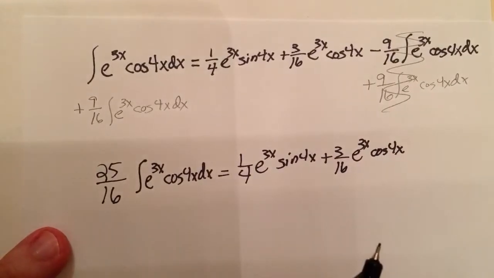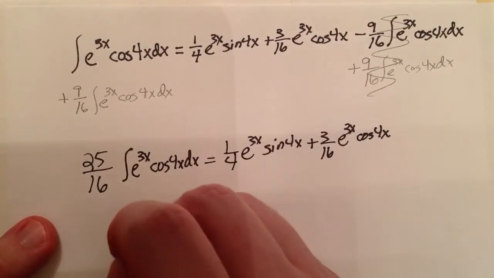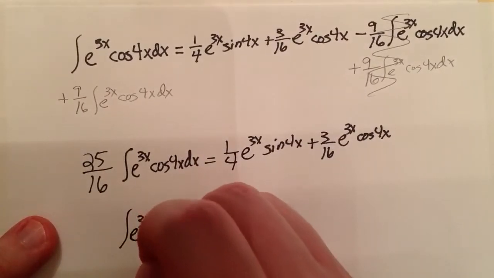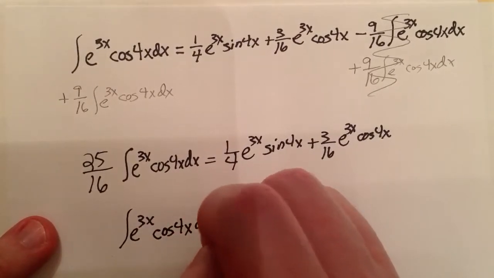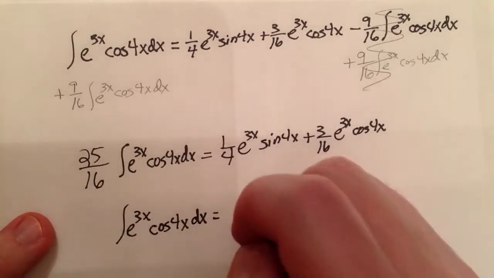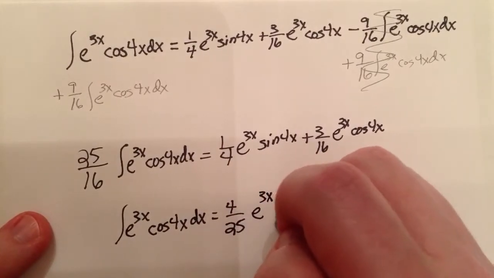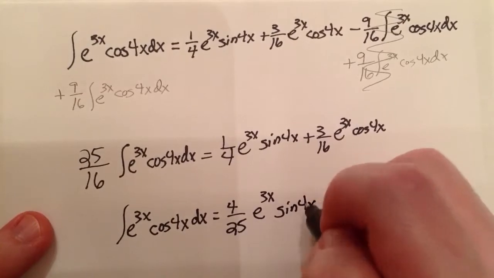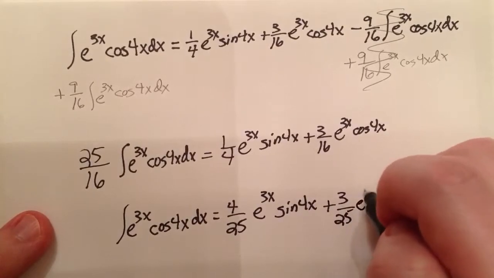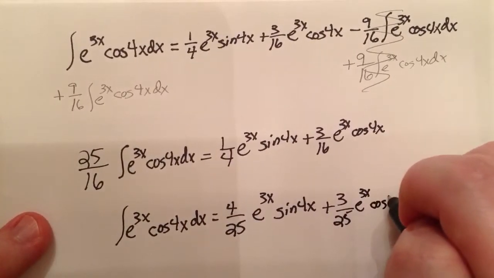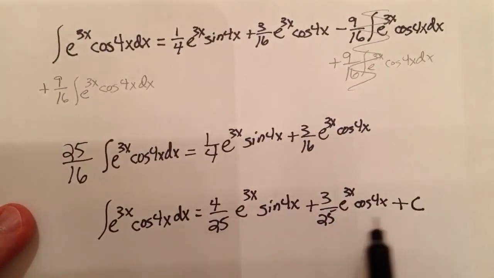Dividing by 25/16, or multiplying by 16/25, for the final answer the integral of e to the 3x cosine of 4x dx is equal to 4/25 of e to the 3x times the sine of 4x plus 3/25 of e to the 3x times the cosine of 4x, followed by the constant. And so that will be the final answer.